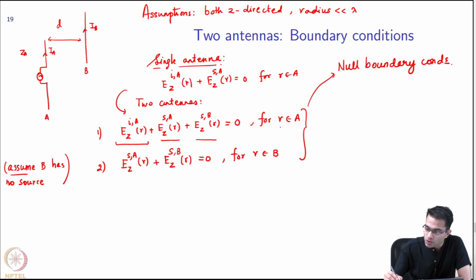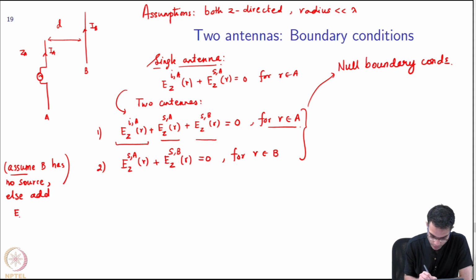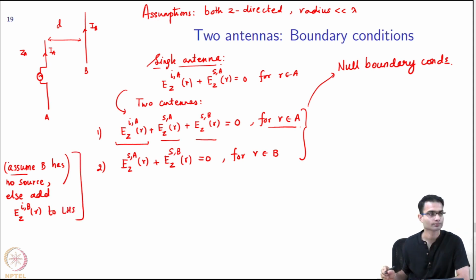Now, this is true for any point on antenna A. When I move to antenna B, the same logic holds. So, if there were a source in antenna B, then I have to add the source term, that is all. Is it clear? So, let me write it here, else add Ez^i_B(r) to the LHS, so that there is no confusion.